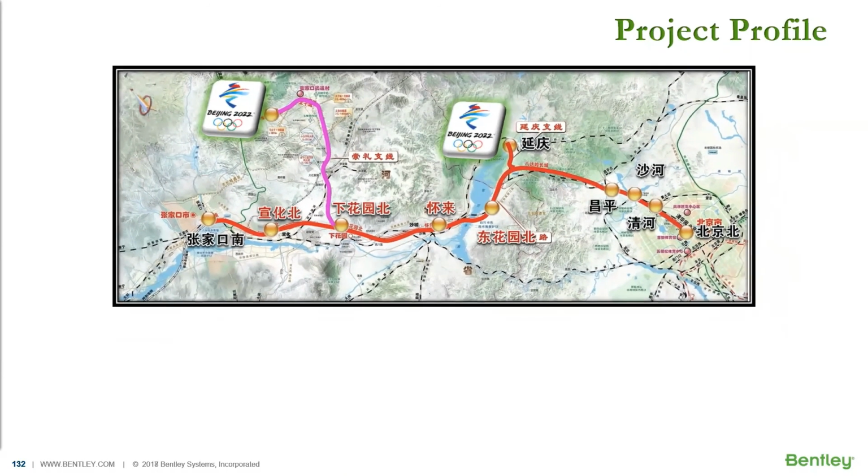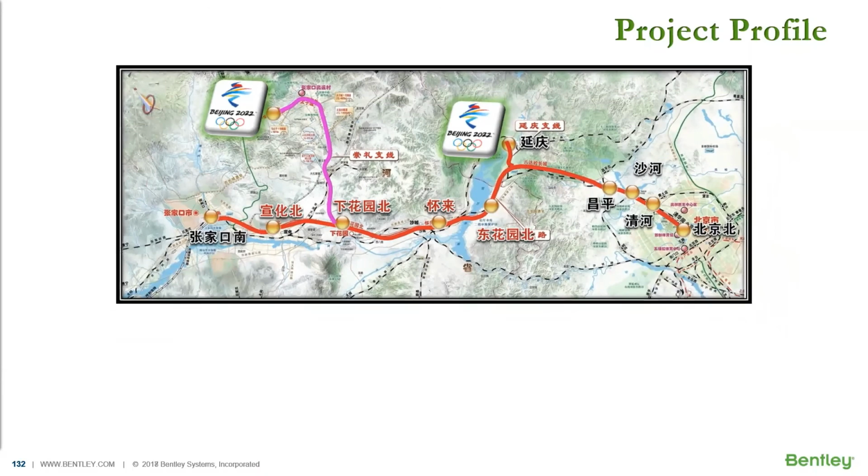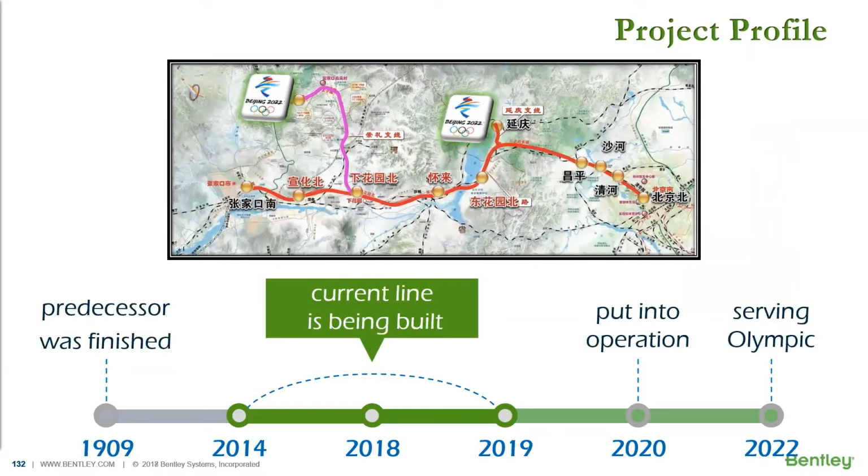It's already in operation actually. Next, I would like to show you a video which they made themselves for the Year in Infrastructure Awards event, where they showcase what they have done using Bentley software for the project.